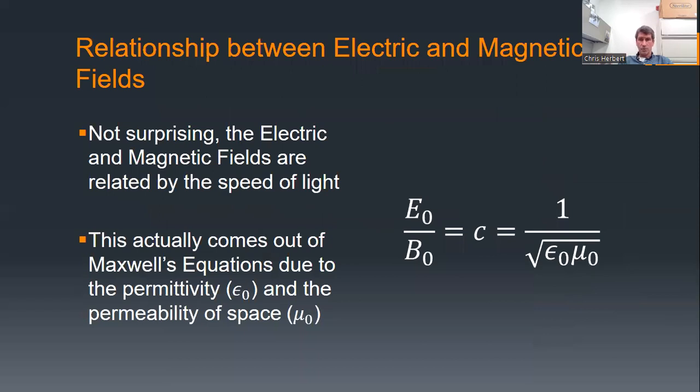Here's another important point. One thing that we saw in the equation was the permittivity of free space and the permeability of free space. These are two constants that we use in electricity and magnetism.